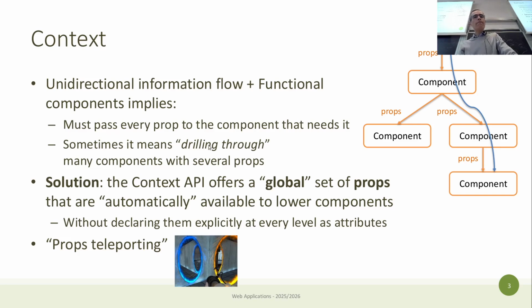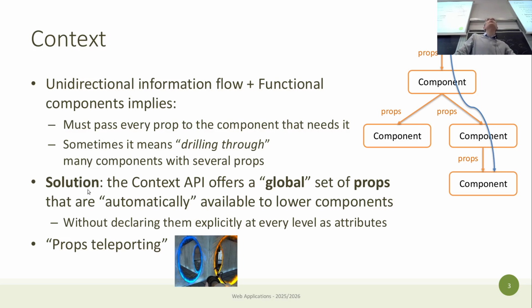So sometimes it means drilling through many components with several props. Okay, so what you see here with the blue arrow, drilling means making a hole, right? Like making a hole through all the components, because from here, from the root, you want to arrive at the leaf component. And so how can we improve the situation?